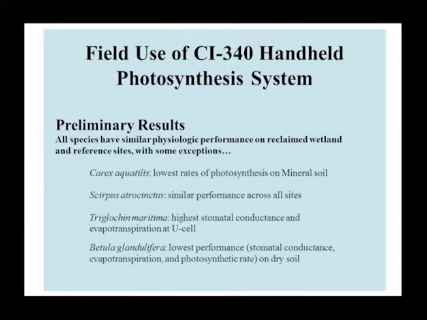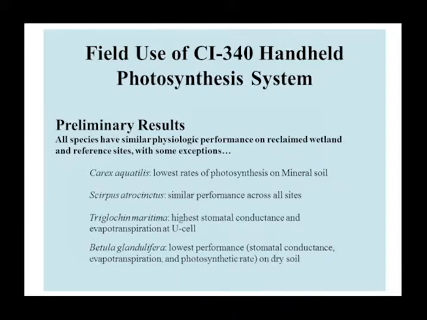So overall, these 4 species are actually performing very similarly on the reclaimed wetland to their reference sites, with a few exceptions. Like the Carex aquatilis has low photosynthesis on mineral soils. Scirpus is performing almost exactly the same across each site.